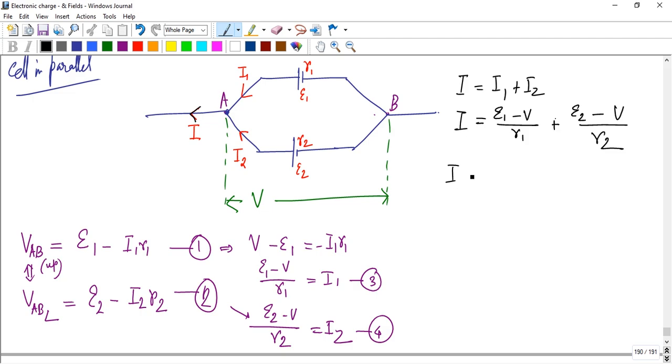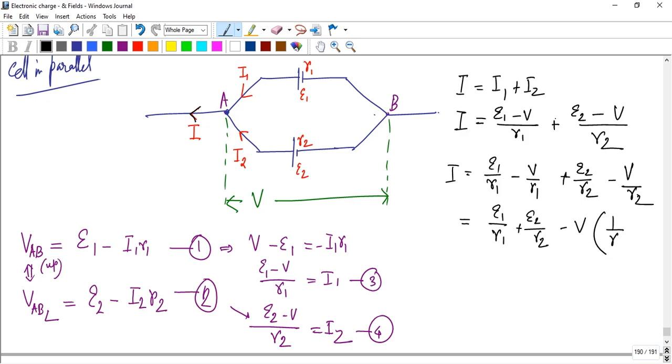So the final expression: epsilon 1 by R1 minus V by R1 plus epsilon 2 by R2 minus V by R2. So here you see epsilon 1 by R1, epsilon 2 by R2, minus V common, 1 by R1 plus 1 by R2.